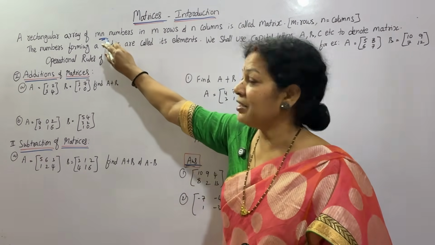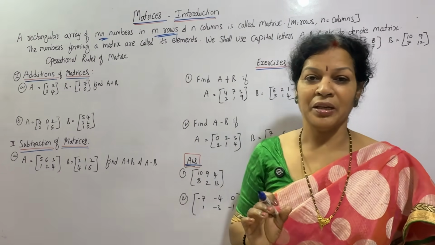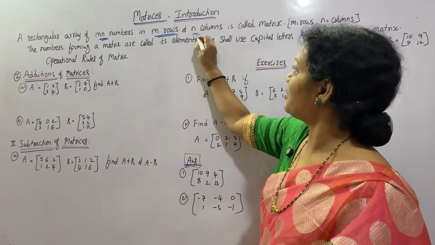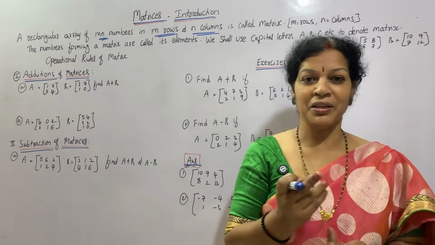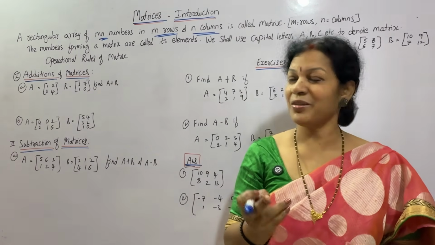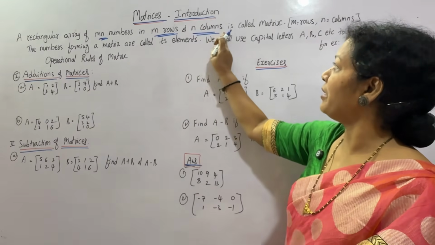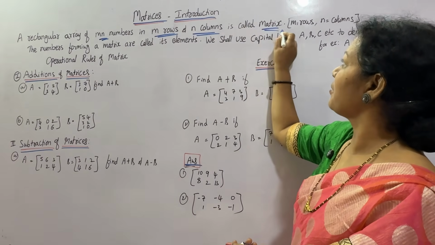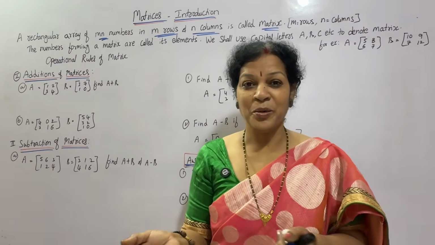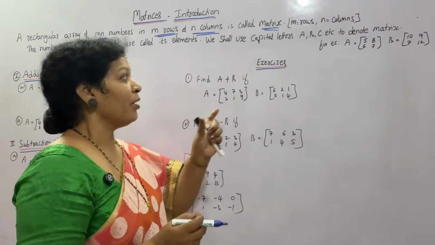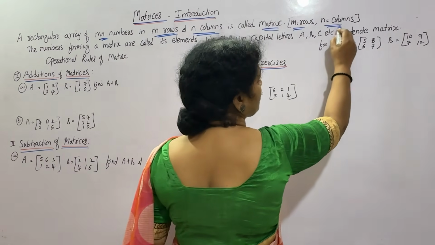M is rows, n is columns. Rows and columns together, we can say it as a matrix. So a rectangular array of mn numbers in m rows and n columns is called a matrix. Matrix is the singular form, matrices is the plural form. And you must remember here, m is rows, n is columns.